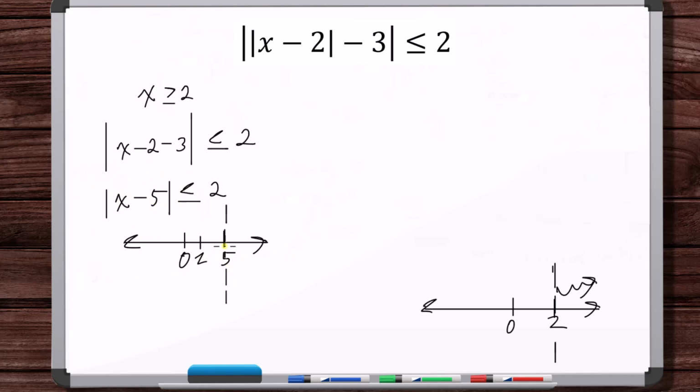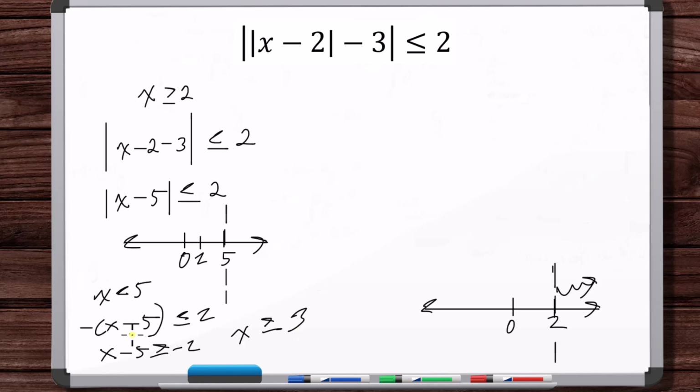So, okay, first, let's start with x is less than 5. That means this is going to be negative. So, okay, multiply both sides by negative 1, flip this, add 5 to both sides, minus 2 plus 5 is 3. X is greater than or equal to 3.